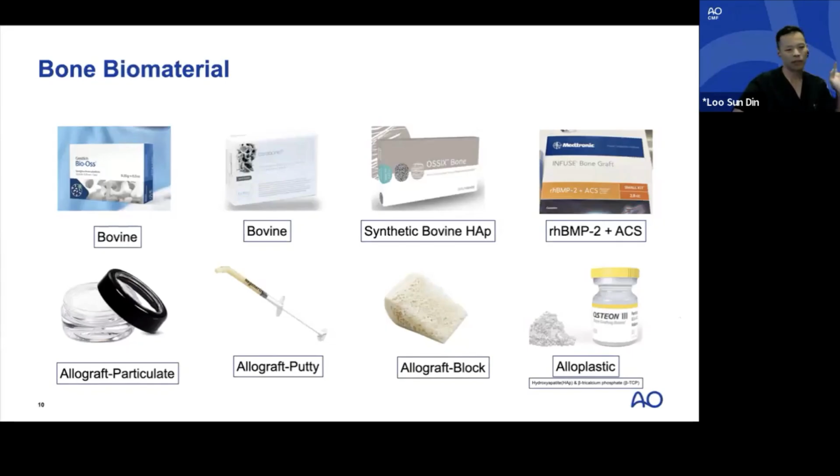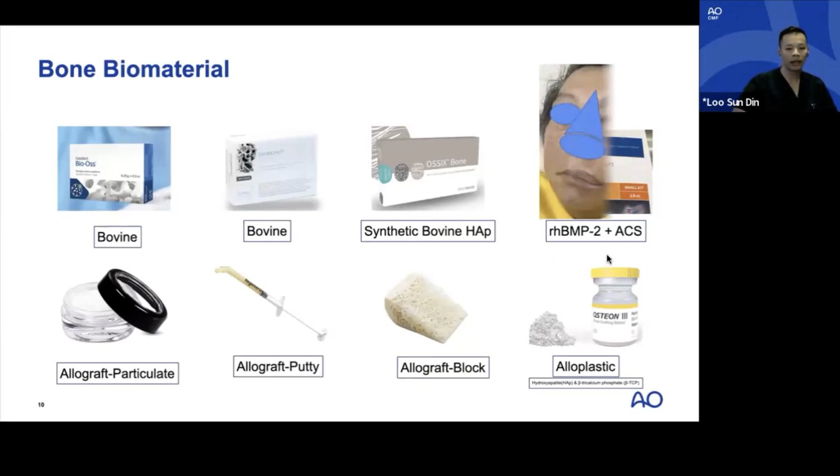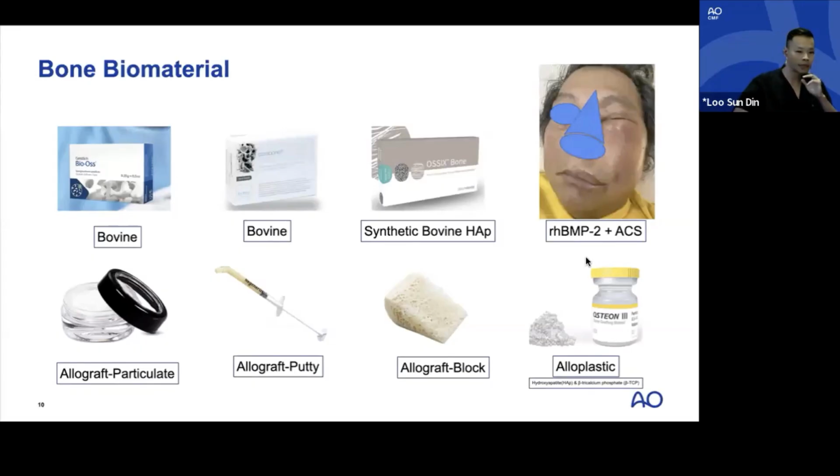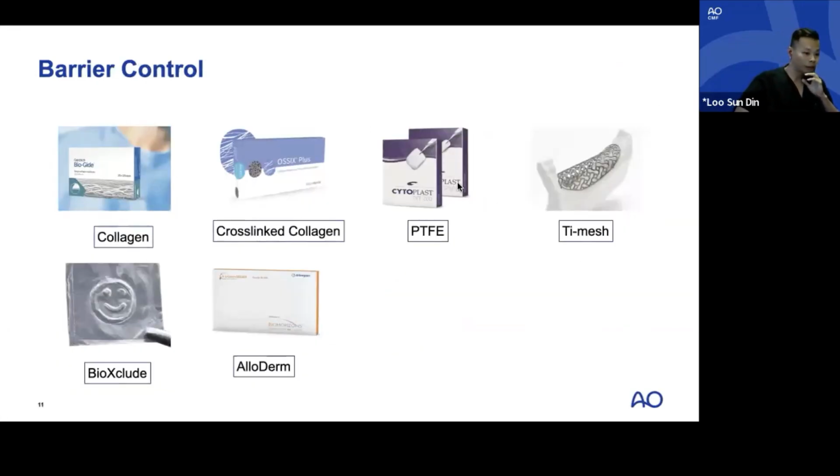They all work pretty much similarly as fillers, to give you structure and shape for your final bone graft, except for rhBMP, which has excellent osteoinduction to create osteogenesis. However, what you end up with is a patient that's not that happy because of the crazy edema that's associated with the BMP.